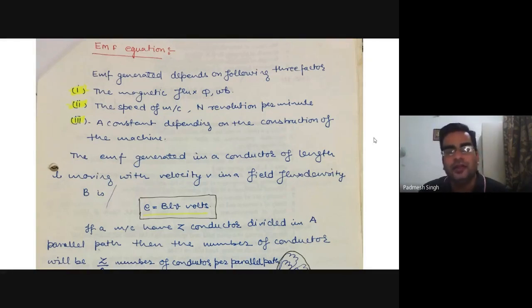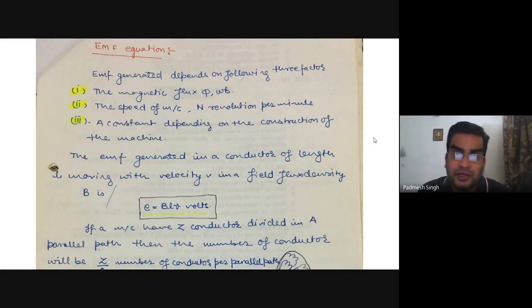Broadly, we can categorize the dependency of the EMF equation on three parameters, in which the machine constant is a constant parameter that is not going to change. If the machine is the same, then the machine constant does not change.